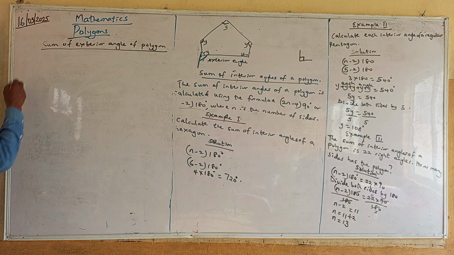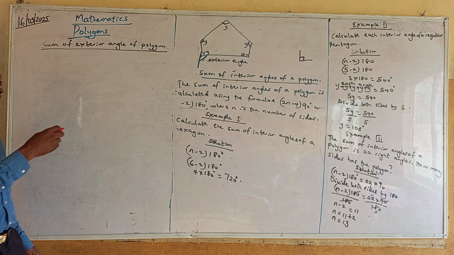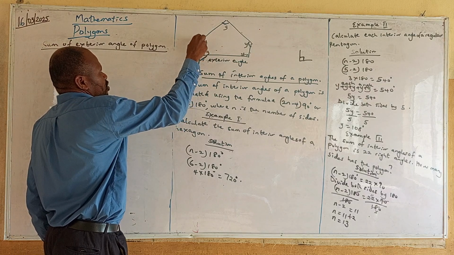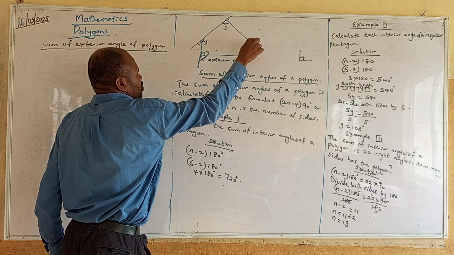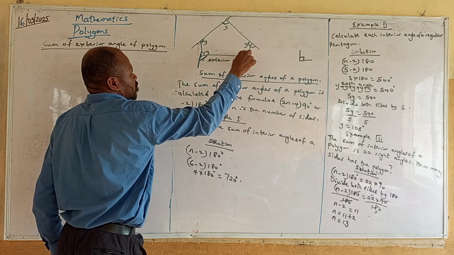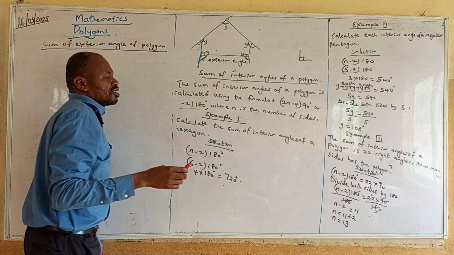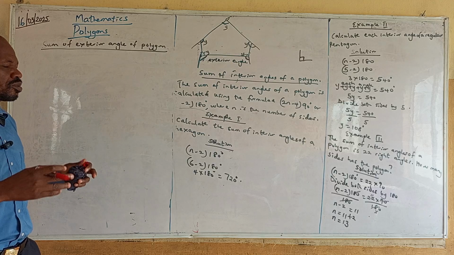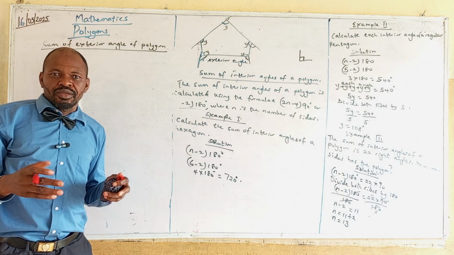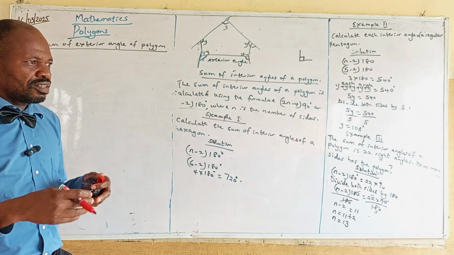Now, for exterior angle of a polygon, these are what we call exterior angles. One thing I want us to know here is that the sum of exterior angles of any polygon is equal to 360, whether pentagon, nonagon, decagon, dodecagon.